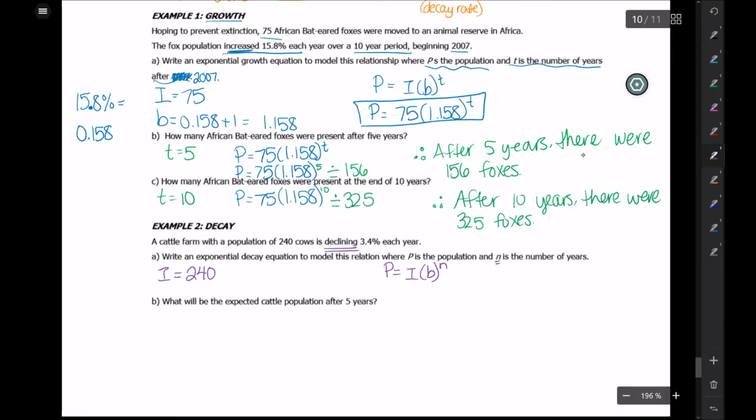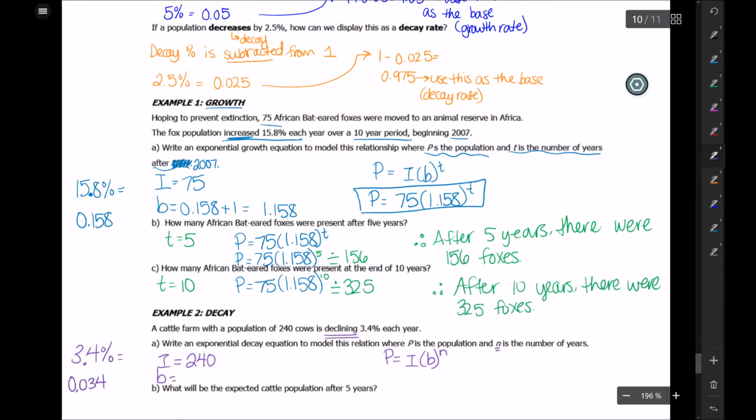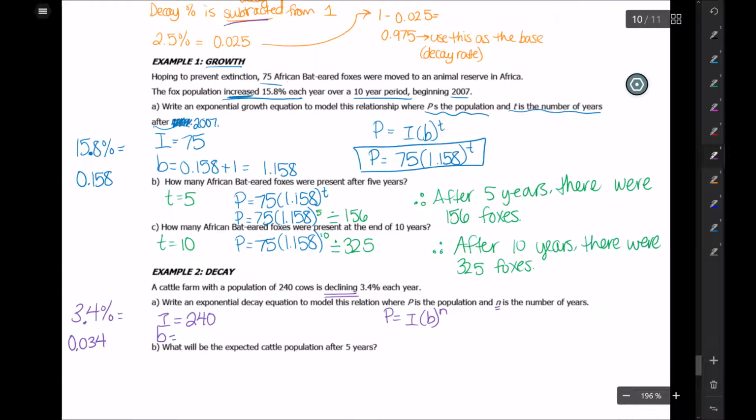Okay, now we need to find out what B is. So first thing I need to do is write 3.4% as a decimal. So I move the decimal place over twice, so I get 0.034. But because it is decay, it's subtracted from 1, okay, because it's being decreased by 3.4%.